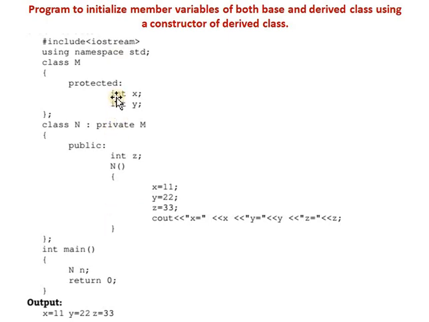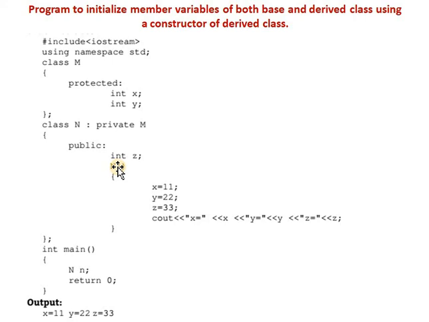The constructor used in a derived class we also call a common constructor, because in a derived class there is a common constructor that assigns the values for both the base class and the derived class. In the derived class N, here is the N constructor which assigns values for both base class data members as well as derived class data members.